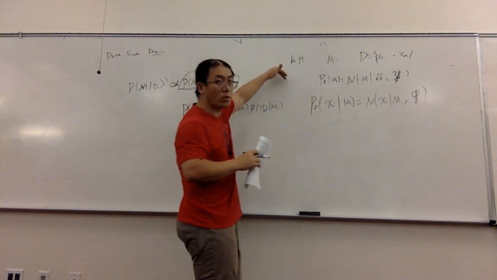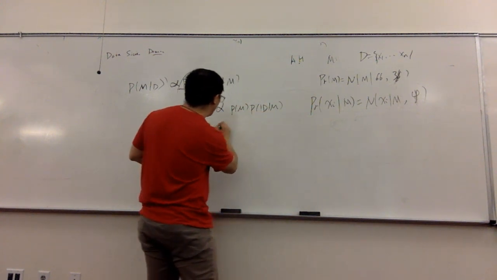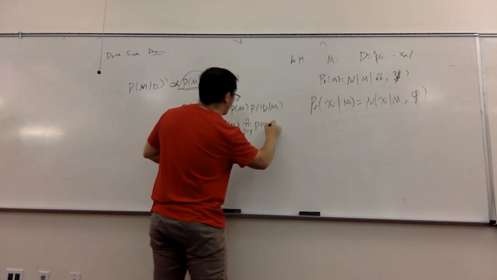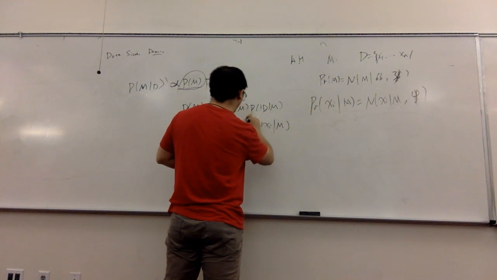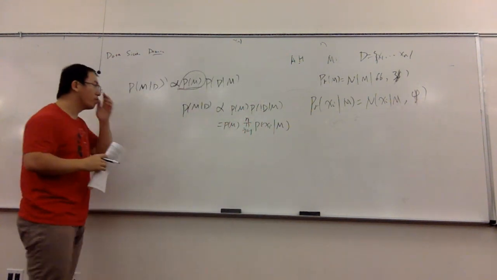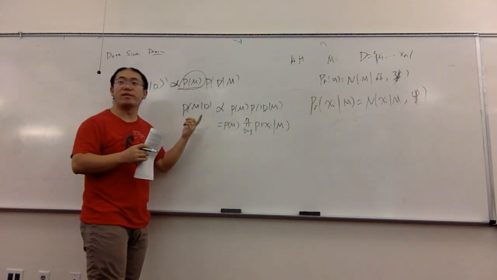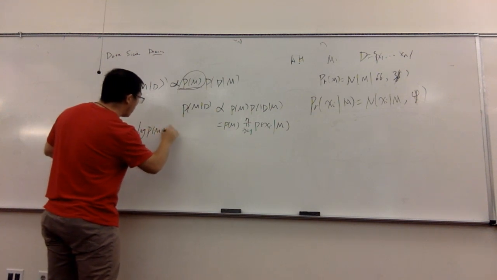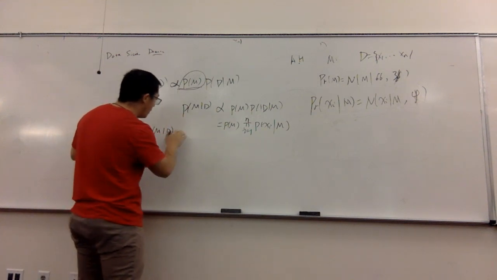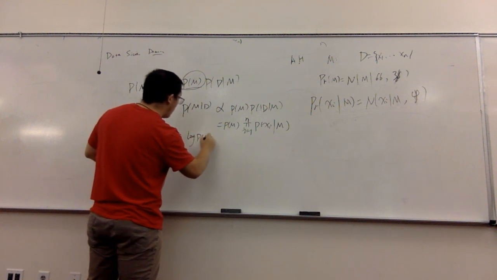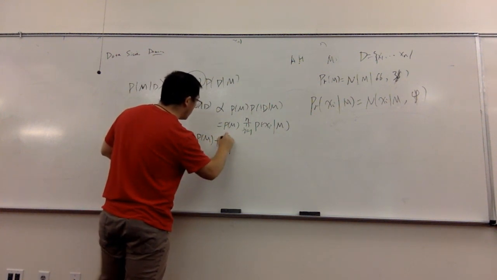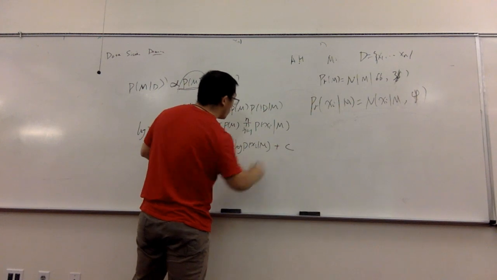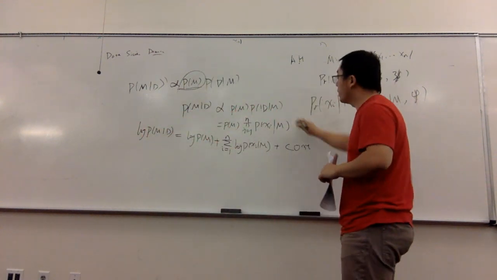And again, according to the IID assumption, we know this part is the product of the single likelihood for each data point. Now we take the logarithm on both sides. We have the logarithm of the posterior probability equals the logarithm of the prior plus the summation of the log likelihood of each data point. Of course, here we should add a constant because this is proportional.